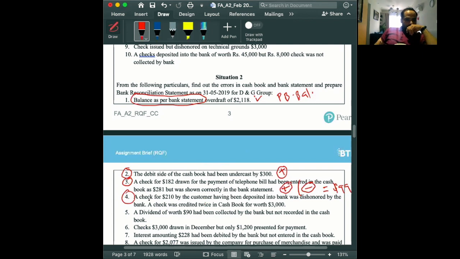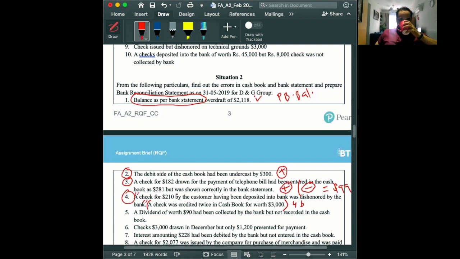So remember, this transaction is not connected with the next one. You can call it 4A and 4B, so they don't have any relations. This one starts here and finishes here. A check for $210 by the customer deposited into the bank was dishonored by the bank.